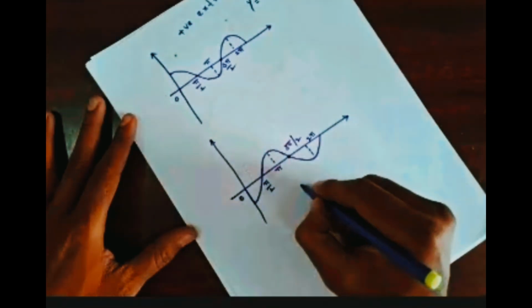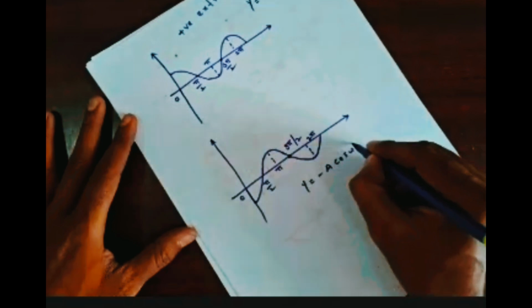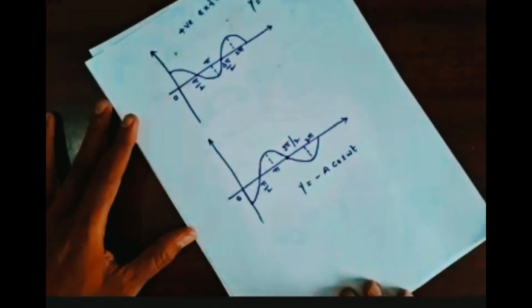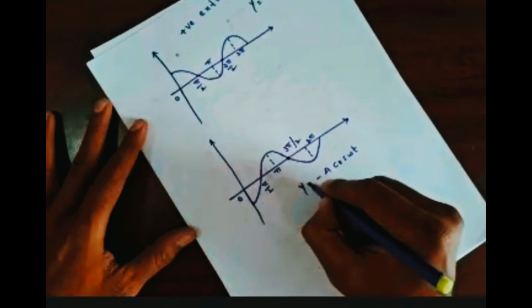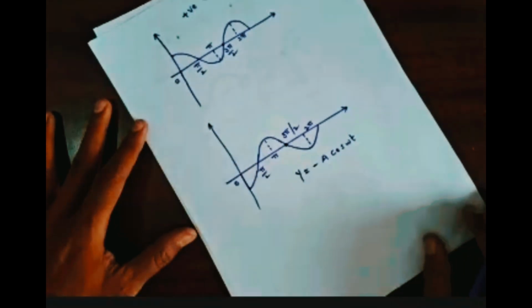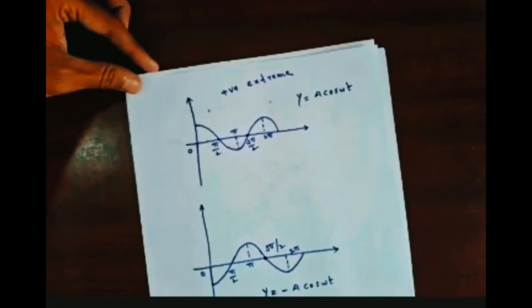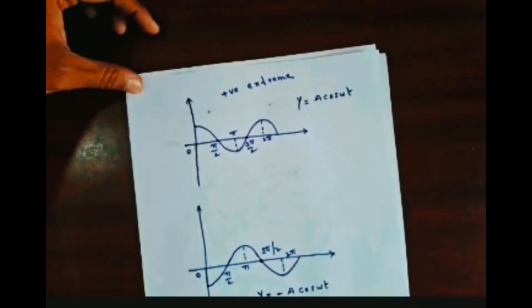And what is the equation for this? y is equal to minus a cos omega t. So like this we can consider, if the particle moves from positive extreme position, y is equal to a cos omega t.